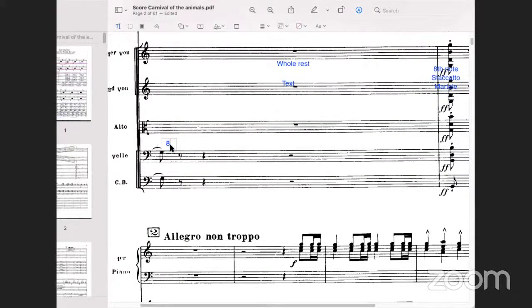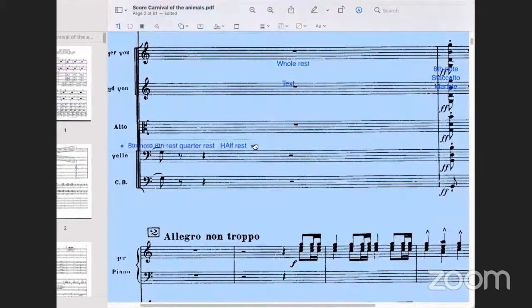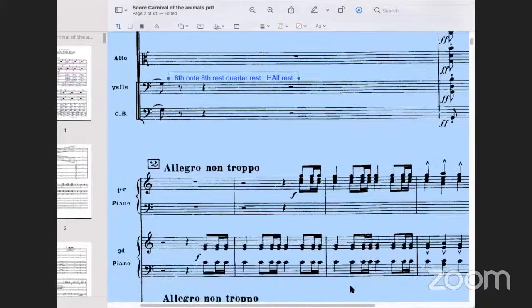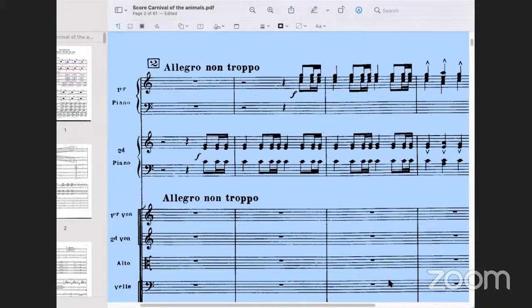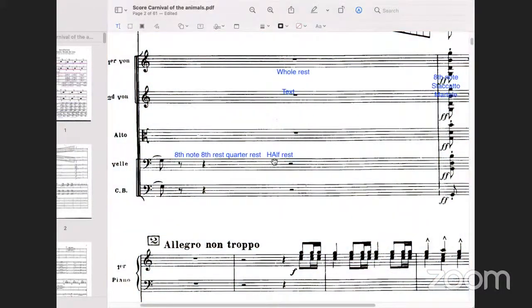This is 1 8th note, 1 8th rest, 1 quarter rest. The last one is half a rest. So you write this: eighth note, eighth rest, quarter rest, and half a rest.